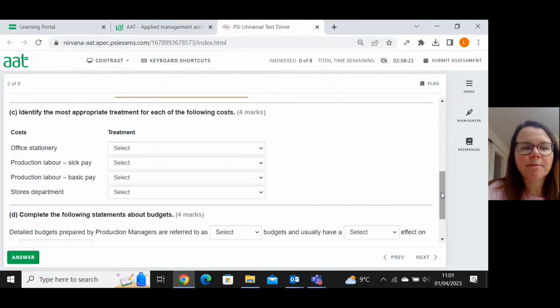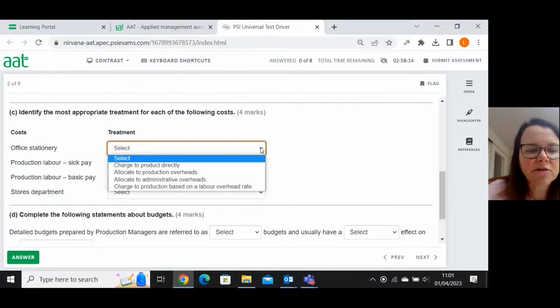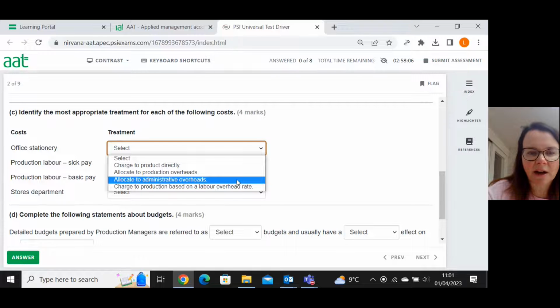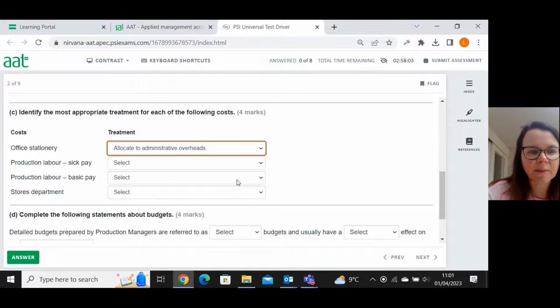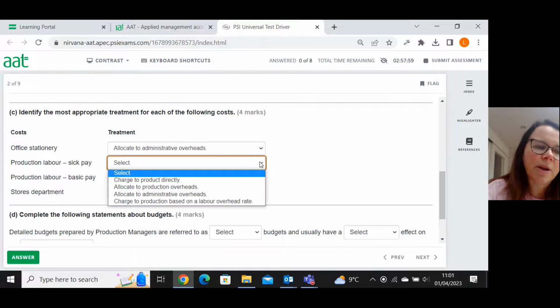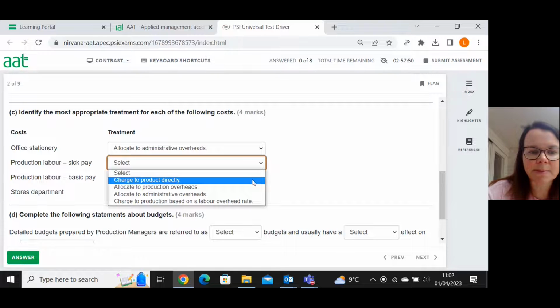Part C, identify the most appropriate treatment for each of the following costs. Right, so here's our drop-down choices. Some of these are fairly obvious. Office stationery, for example, must be admin overheads because it's the office. Production labour sick pay. We know that sick pay is not a direct cost because when someone's sick, they are not producing the items.